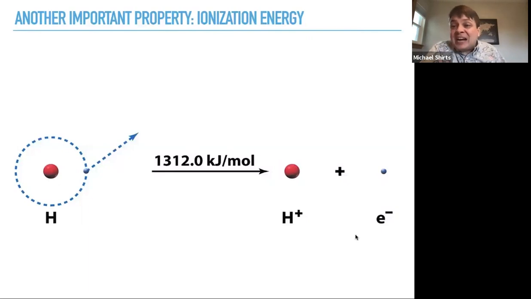Obviously, most reactions don't involve a gaseous atom and stripping off the electron, but we can connect other reactions together. Remember, enthalpy is a state function. So if we have this particular reaction that doesn't happen very much, we can connect it with the energies involved in other reactions and actually construct the total energy change and enthalpy change in reactions that do actually happen.